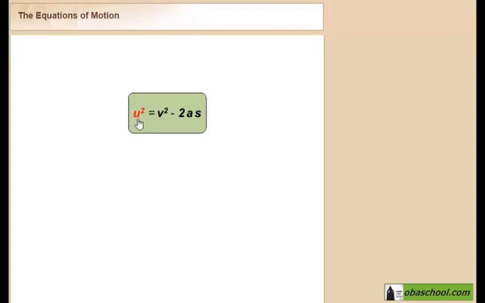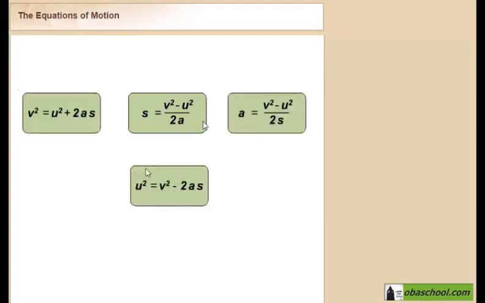Or we can rearrange it to calculate the acceleration, a, which is equal to v squared minus u squared divided by 2s, or we can rearrange it to find the distance, s, which is equal to v squared minus u squared divided by 2a. So, by using this equation, we can rearrange it into 4 forms and obtain the different parameters.